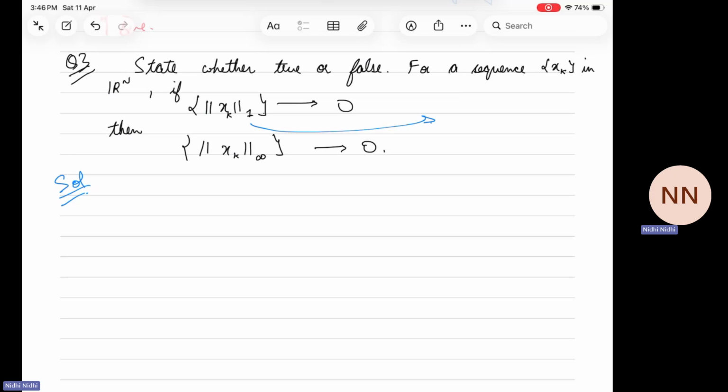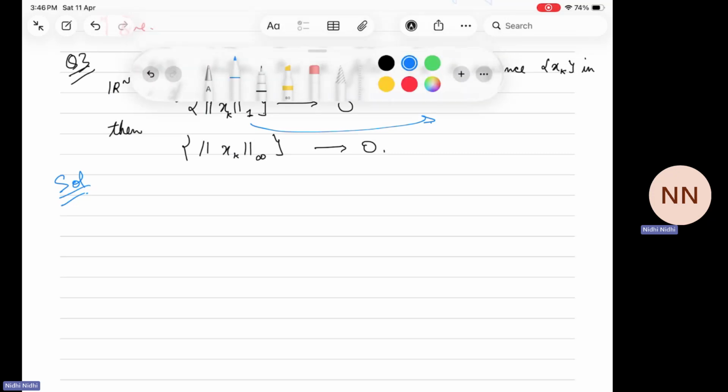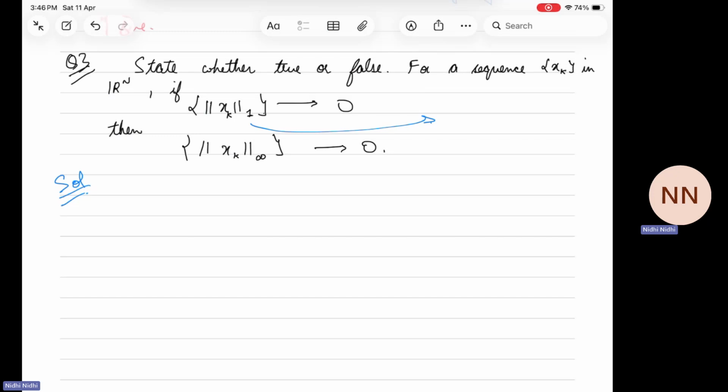If you can recall, we discussed these notations in the previous session as well. Since xk is an element in Rn, it is a tuple with n elements, so I can write it as xk1, xk2, so on up till xkn.